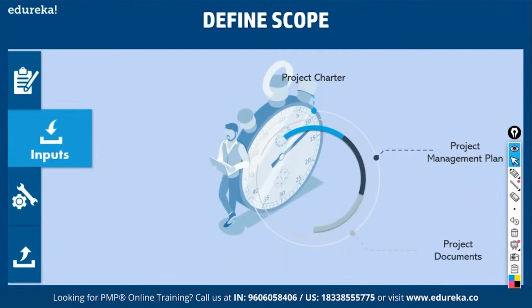Then project documents, whatever project documents are in the inputs here. There is a document called the assumptions log. This assumptions log contains two things. Number one, constraints. What are constraints? Constraints are limiting factors. You cannot ignore them. For example, budget is a constraint. Schedule is a constraint.